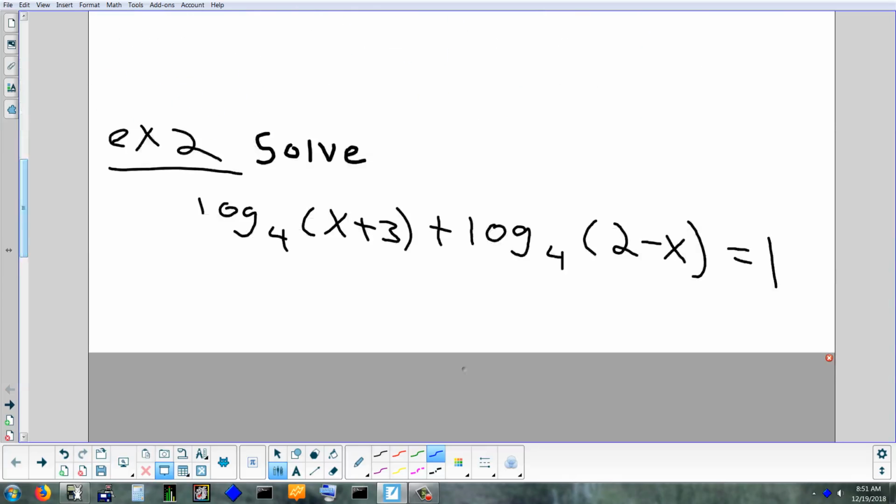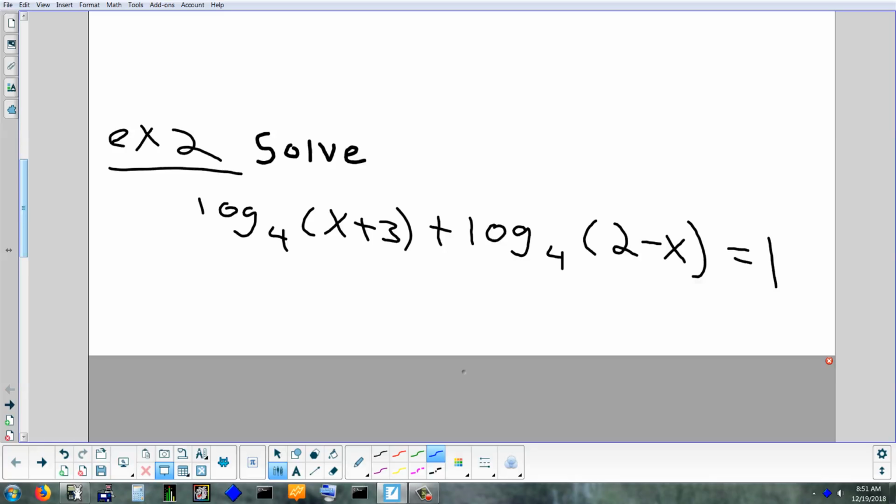Okay, let's look at this one. I have the sum of 2 logs equal to 1. So it's log base 4, and the first argument is x plus 3, plus log base 4, and the second argument is 2 minus x. Now, I've got 2 separate logs with the same base on the same side. What can I do if I have 2 separate logs that we learned yesterday?